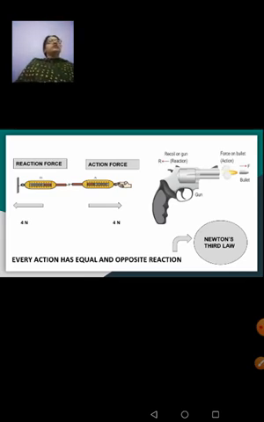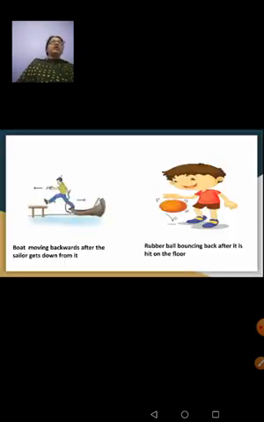Okay, remember this. Newton's third law of motion states that every action has an equal and opposite reaction, and this action and reaction force act on two different bodies. Now, these also can be given as examples for Newton's third law of motion. Whenever a person gets out of a boat, what happens?